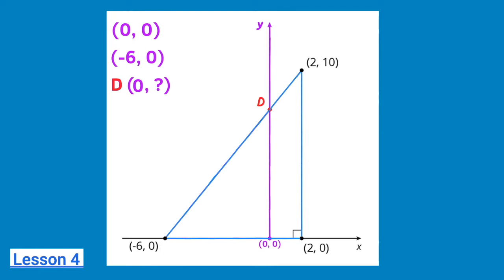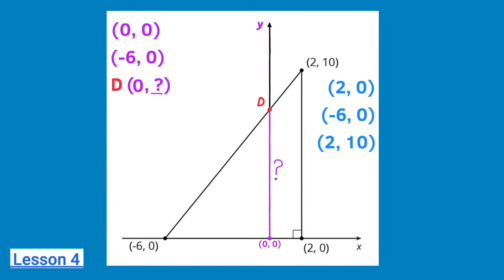This blue triangle is similar to the purple triangle, and its coordinates are (2, 0), (-6, 0), and (2, 10). I can use these ordered pairs, or coordinates, to help me figure out the side lengths of these two triangles. And in doing so, I'll be able to figure out this missing side length.